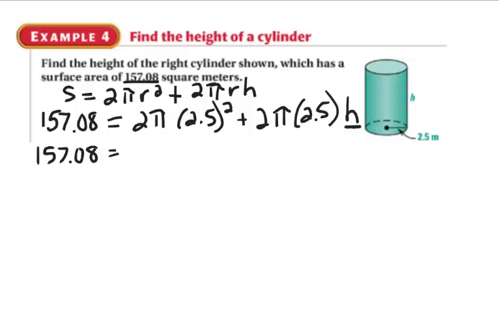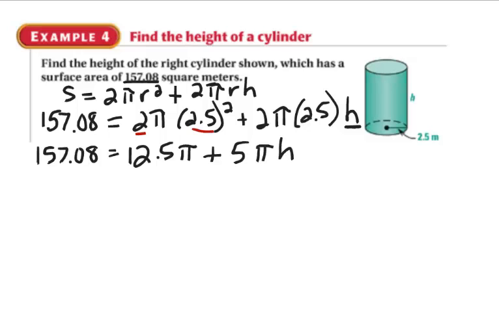Okay, so let's condense this somewhat. I'm going to do 2.5 squared and multiply by 2, and I'm going to get 12.5 pi, plus 2 times 2.5 is 5 pi times h.